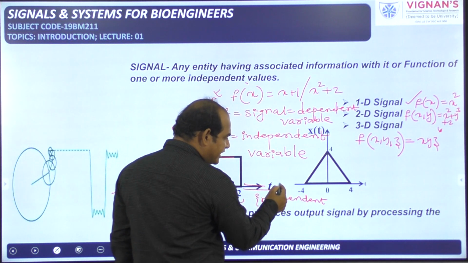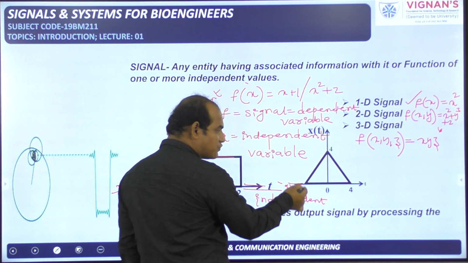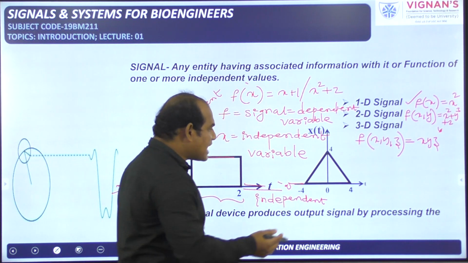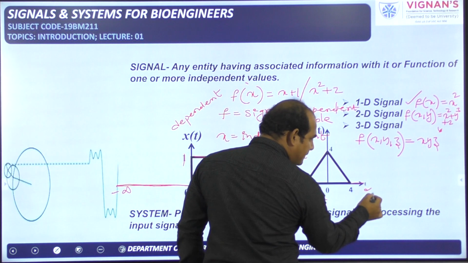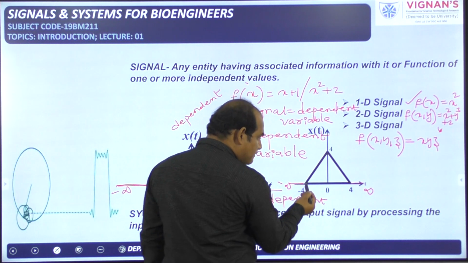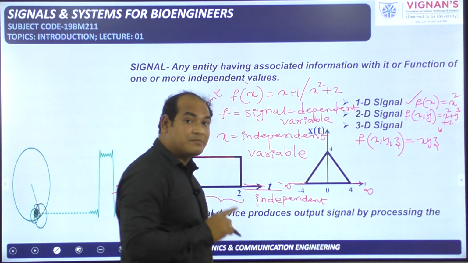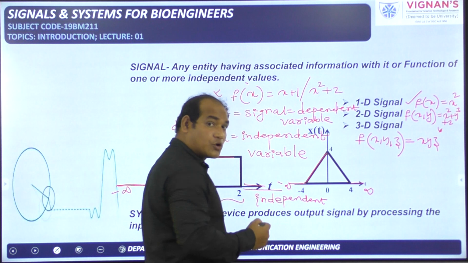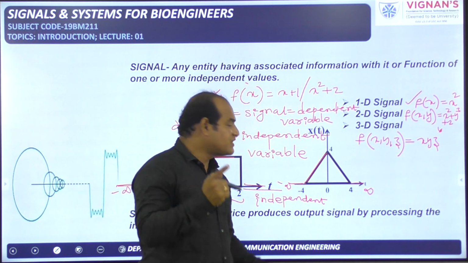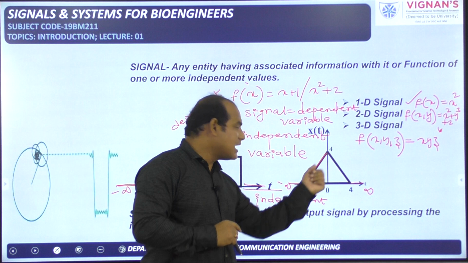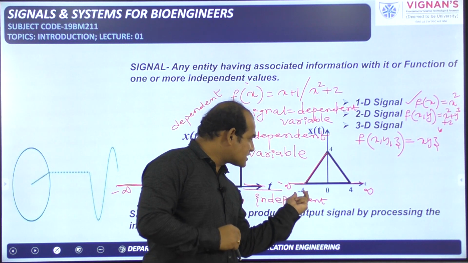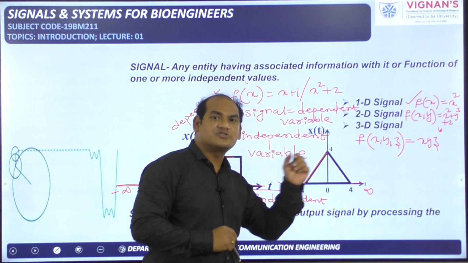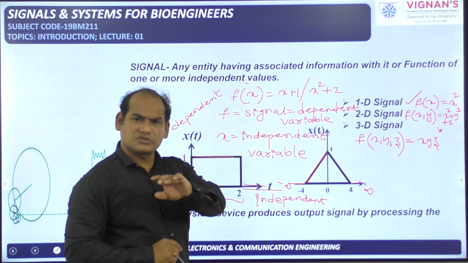From minus infinity to minus 4, the amplitude of the signal is 0, and from 4 to infinity also the amplitude is 0, but from minus 4 to 0 it is a ramp signal. The nature of the amplitude is increasing. As t is increasing from minus 4 to 0, its amplitude is increasing, so it is a positive ramp. All those things we will see later.